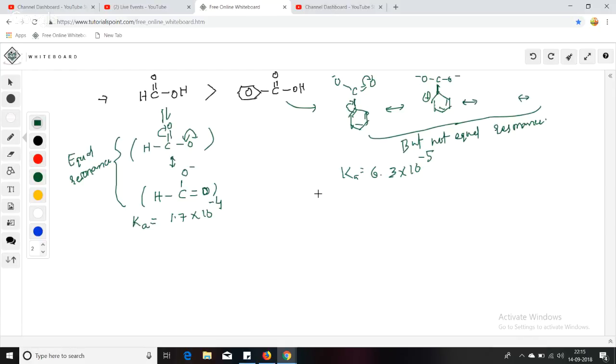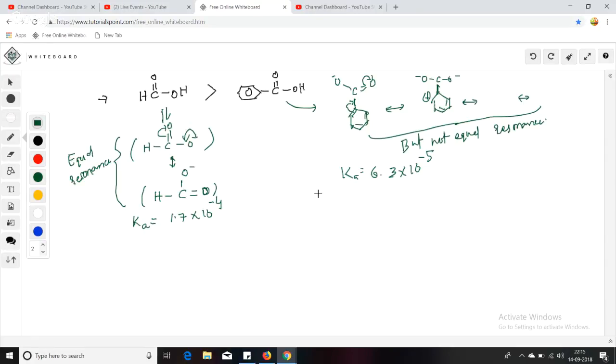Then it is mainly explained by the Ka value of the compounds. So if Ka value is more, then it is more acidic. First we find out the Ka value, and then we try to explain the logic behind that acidic order in the best possible way.